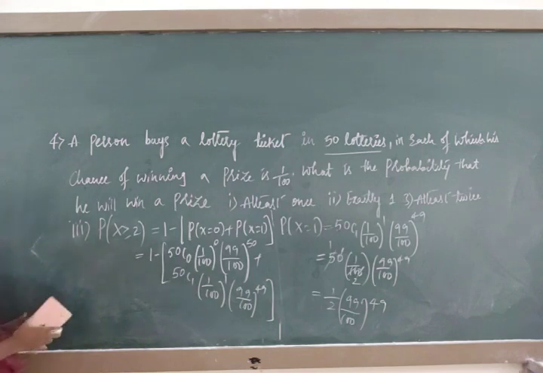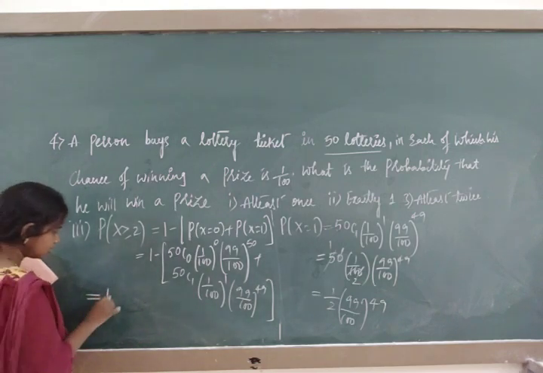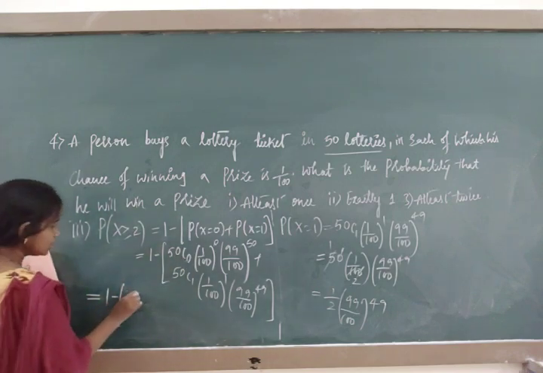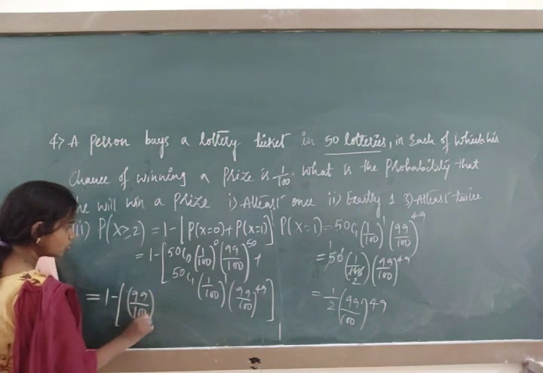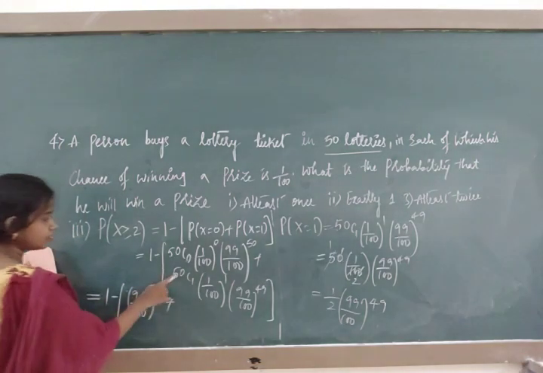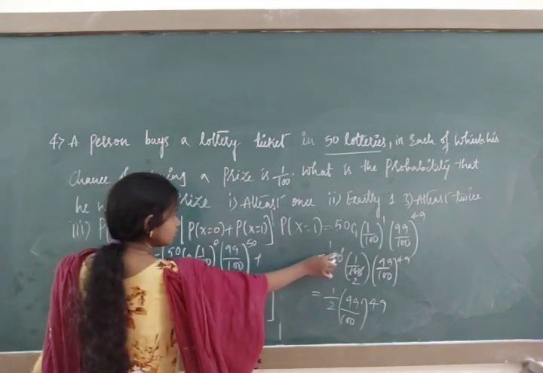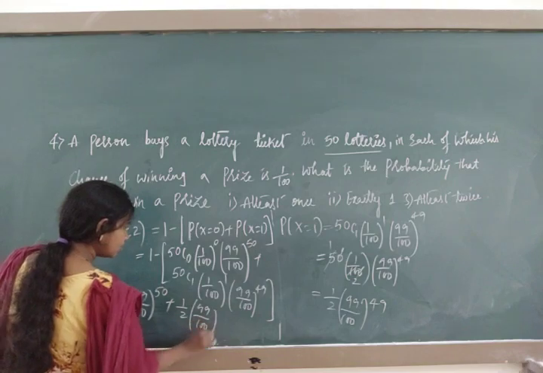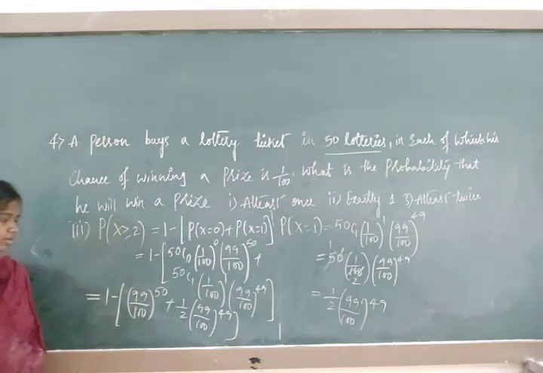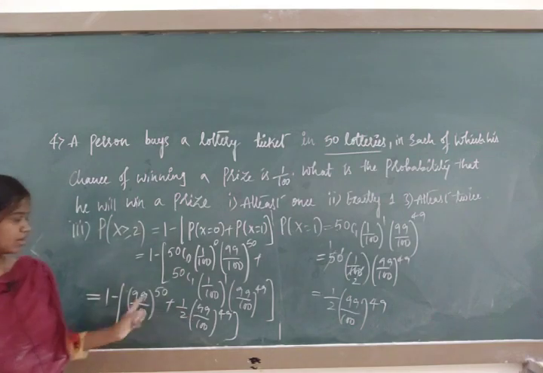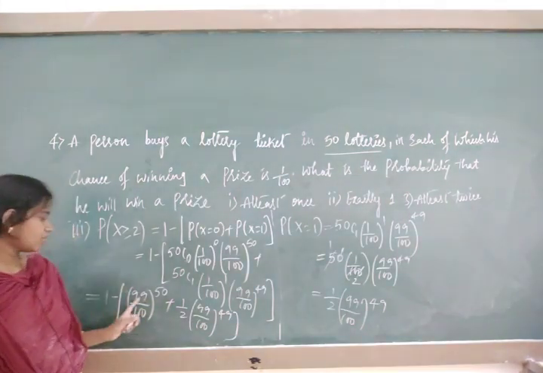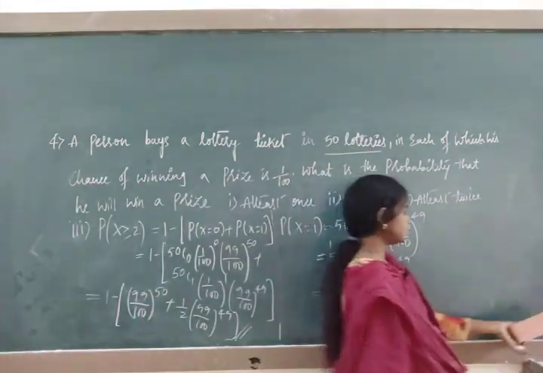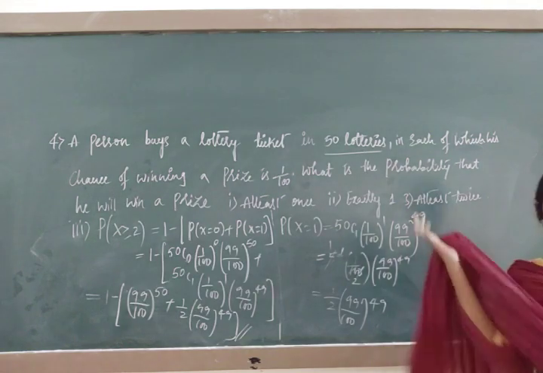You can leave it at this much, or else simplify, because the combination is easy. nC0 means 1, anything to the power of 0 means 1, so it's 99 upon 100 whole to the power of 50, plus 50C1, where I will directly write 1 by 2, 99 upon 100 whole to the power of 49. You can take 99 by 100 whole to the power of 49 as common, then 1 plus 1 by 2, or else you can leave it at this much only. This is one of the important problems, a repeated question.